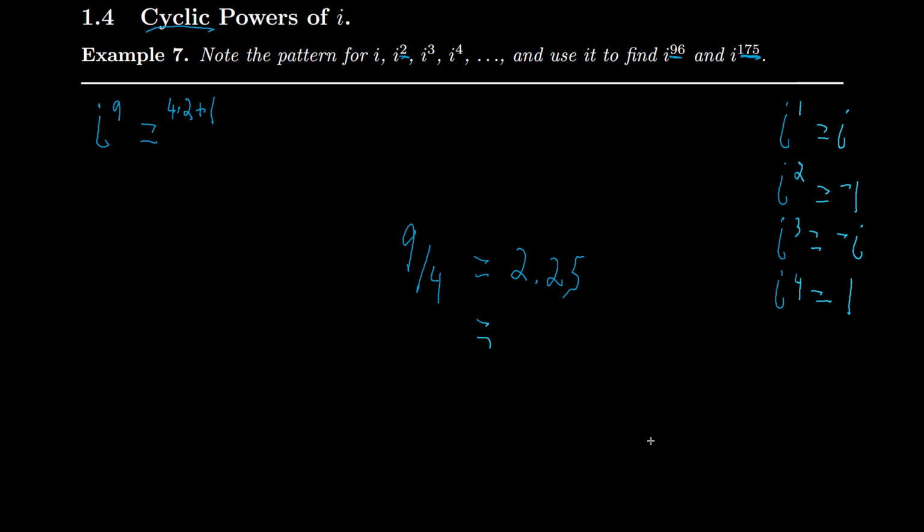Or if you want to write this as a mixed number, it's 2 and 1 over 4. By definition, that means that this is 2 copies of 4, okay? And this 0.25, or 1/4, means plus 1 more.